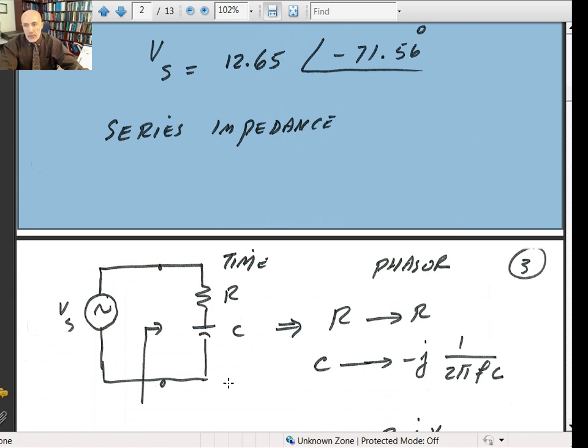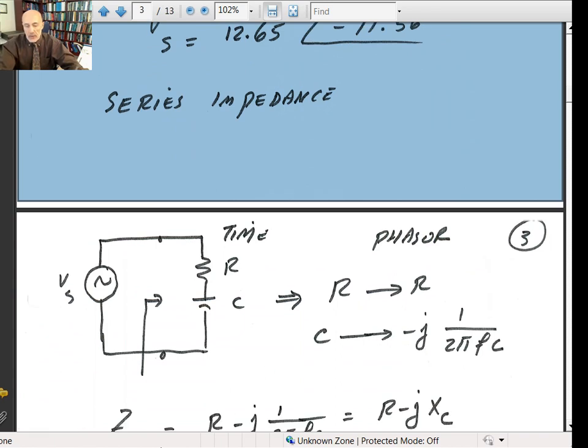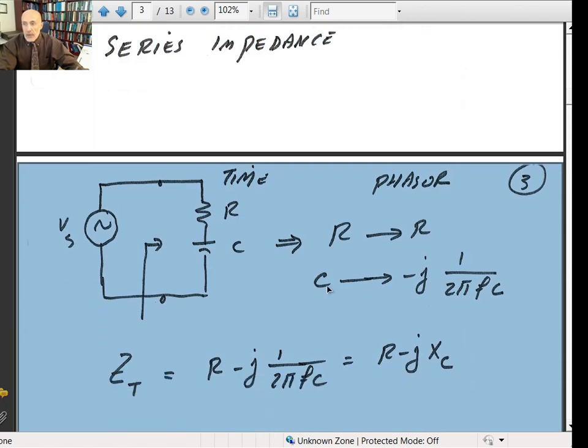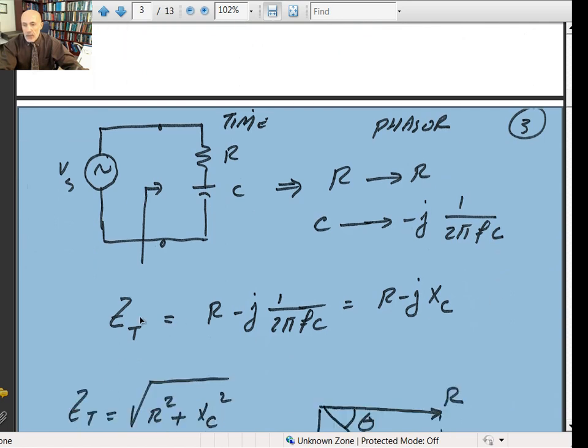If I look at the series impedance for the RC circuit, again, resistance is not a function of frequency, it stays the same. Capacitance you replace with minus j times 1 over 2 pi FC, and then Z total would be equal to resistance plus the reactance of the cap, which is minus j times X of C, and X of C is equal to 1 over 2 pi FC.